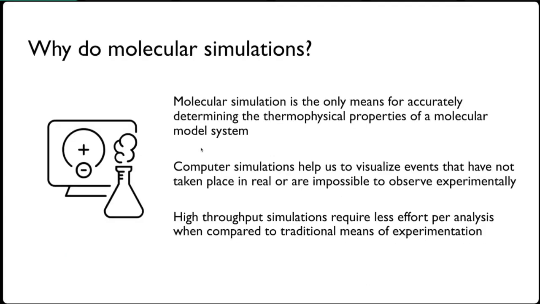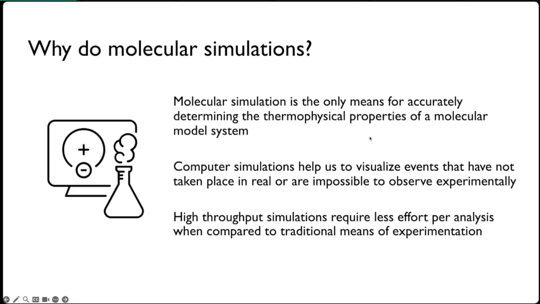Molecular simulations in particular are really the only way to get the thermophysical properties of a molecular model system. We can get thermophysical properties of experimental systems, real systems, but we can't use experiments to get the thermophysical properties of a molecular model system.